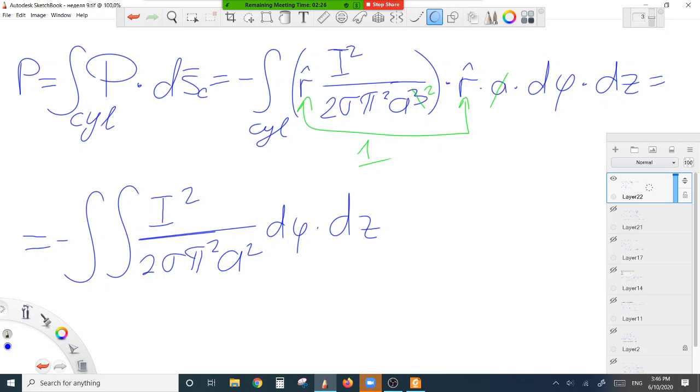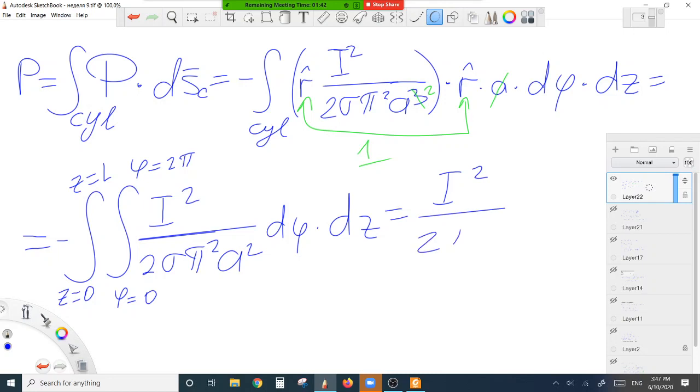The limits of phi are from 0 up to 2 pi, and the limits of z are from 0 up to capital L, because capital L is given as the length of the cylinder we are dealing with.